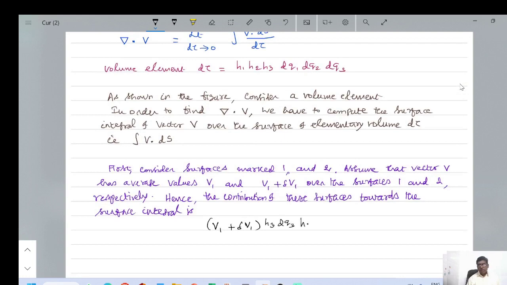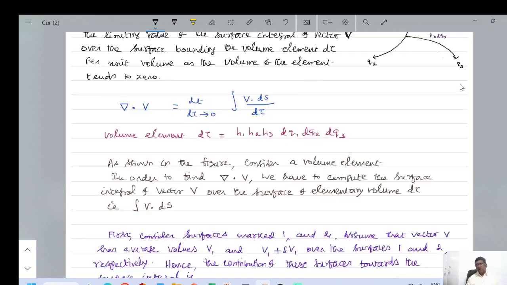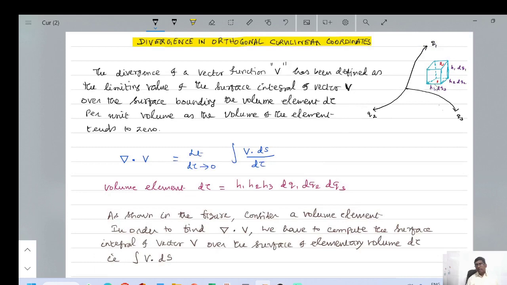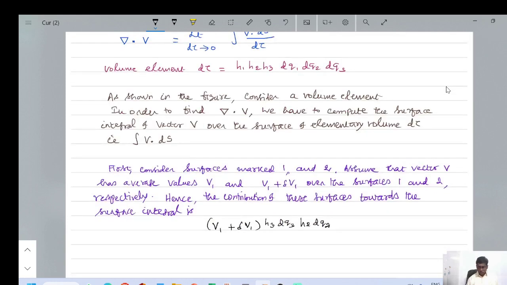This is the surface area, this side into this side, minus v1 into h3 dq3 h2 dq2.